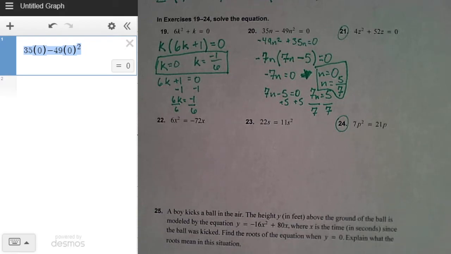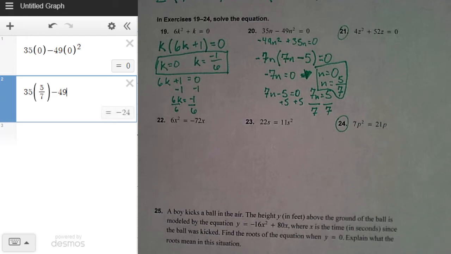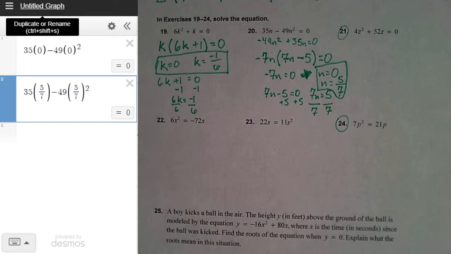I thought I was going to copy and paste, but it won't let me, so I'm just going to have to retype it. But we can go ahead and put in the 5/7 there, and then minus 49 times that squared. And we see that that is equal to 0 as well.